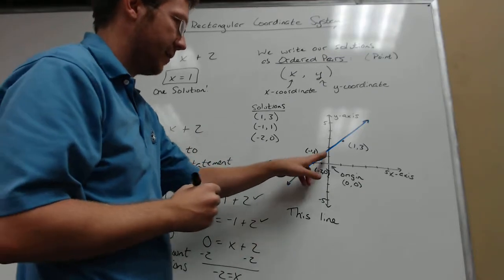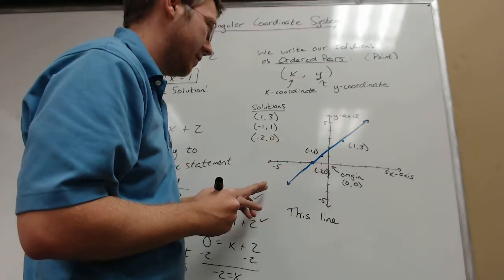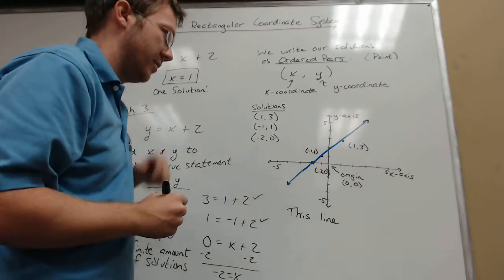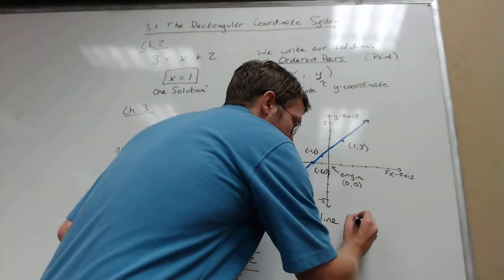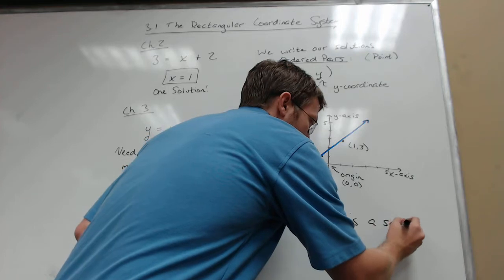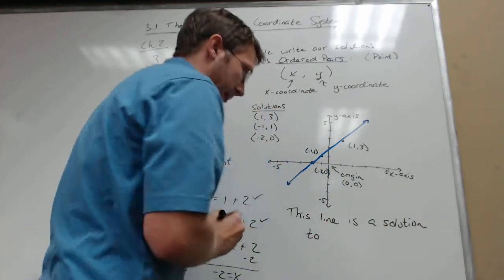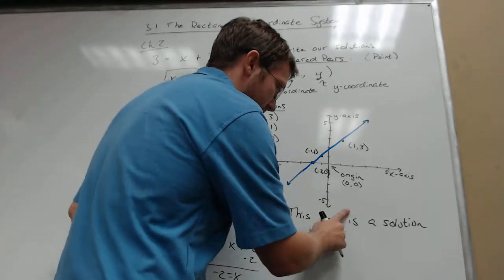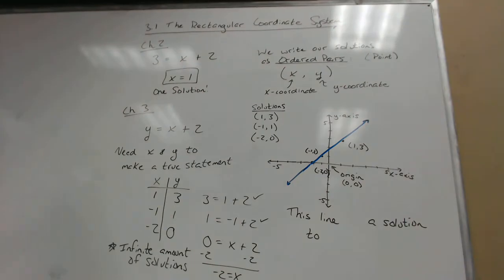So we found 3 solutions, but if you were to find any other points on this line, they would also be solutions to the line y equals x plus 2. So this line is a solution to, this line, that is a solution. It represents all of the solutions.